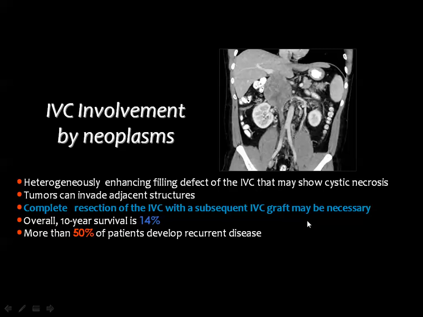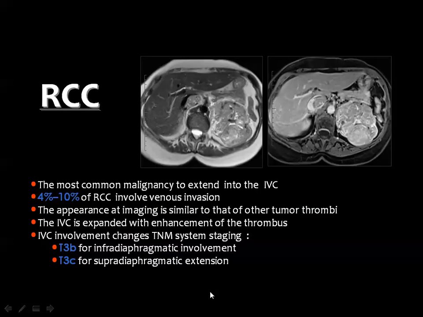And one of the ways to treat this is by resection of this part of the IVC and putting a graft to ensure the venous drainage. Then the overall survival is about 14%, and more than 50% of the patients will develop recurrence of the disease.